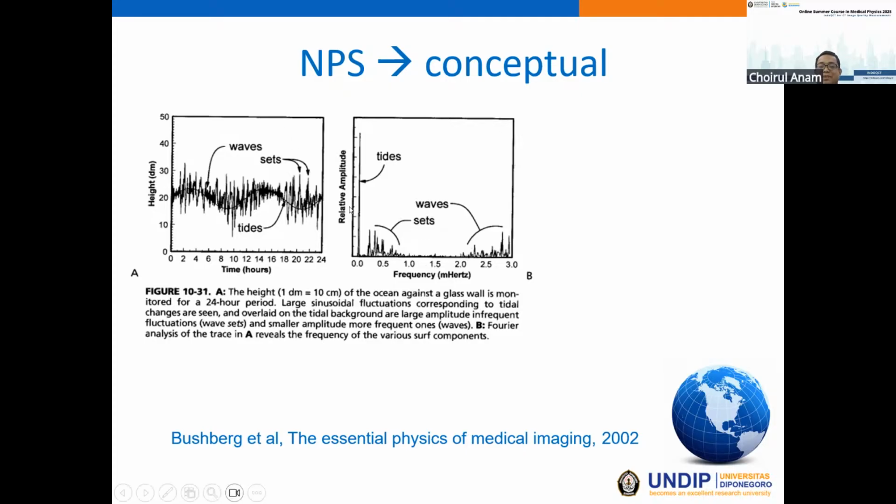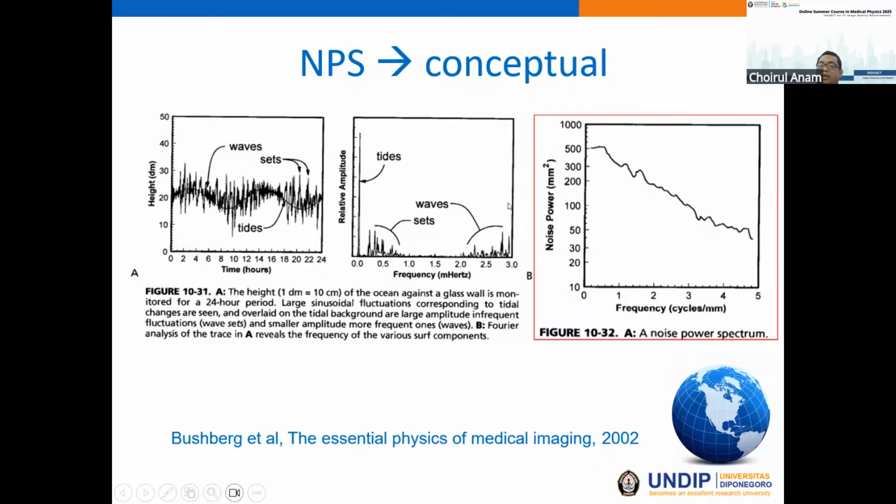But in this example it is the amplitude. So in the NPS, the x-axis is frequency, and the y-axis is the noise power. So we can see the noise at every frequency. So like this. This is the NPS, noise power spectrum.